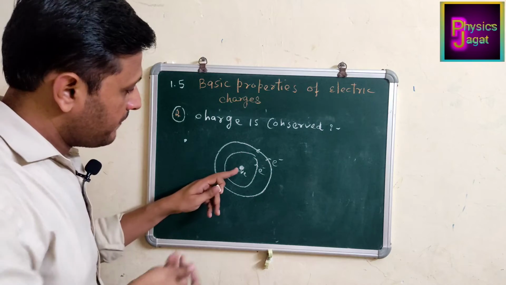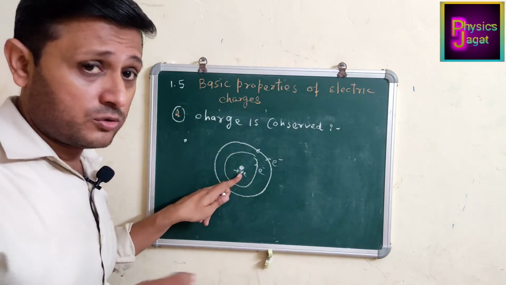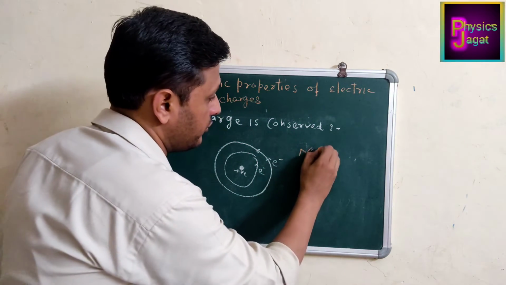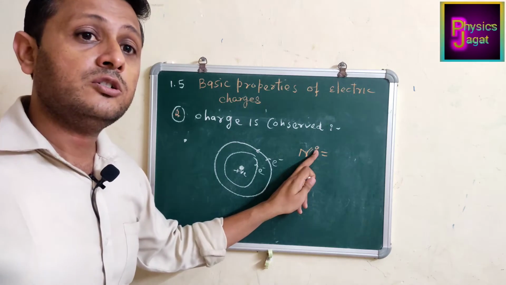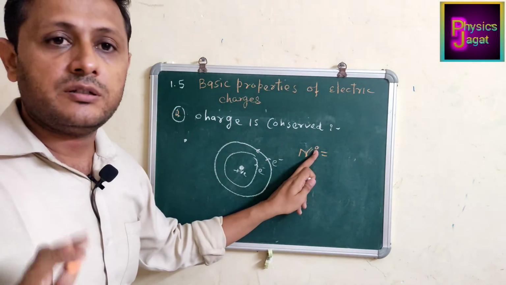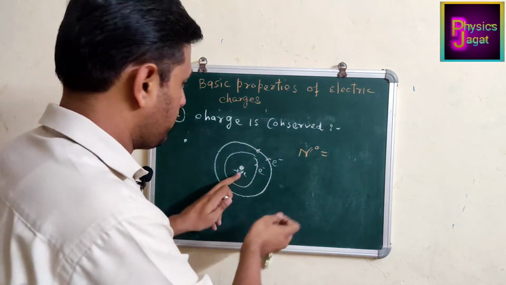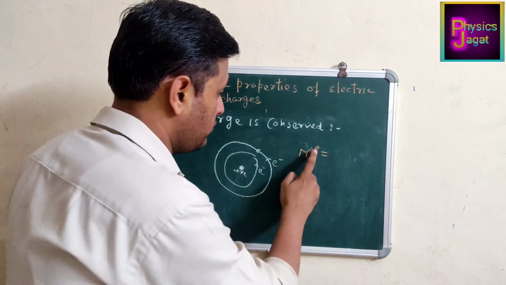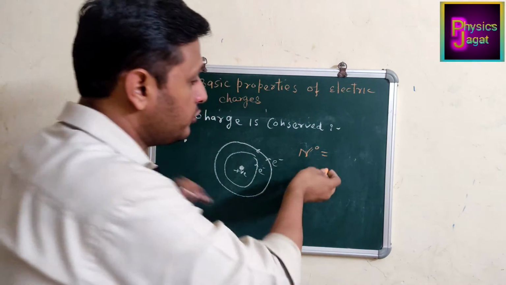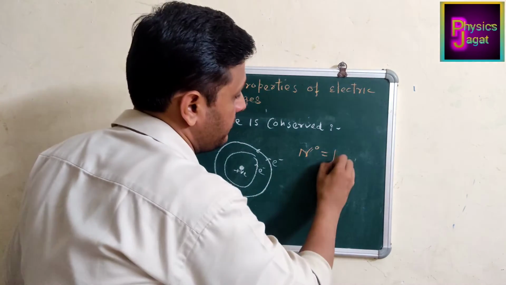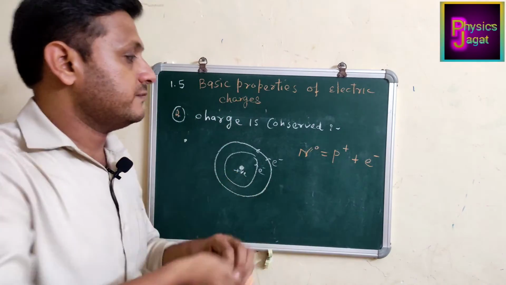Now in the nucleus we have the neutron also. The neutron is neutral, that means the neutron is chargeless, that is why I have mentioned 0. Now the neutron emits a proton and an electron.